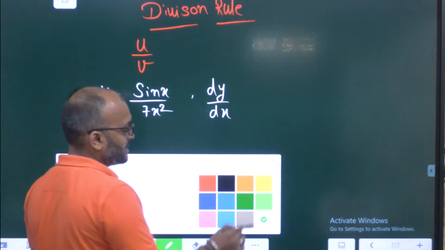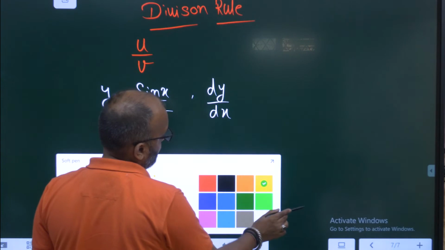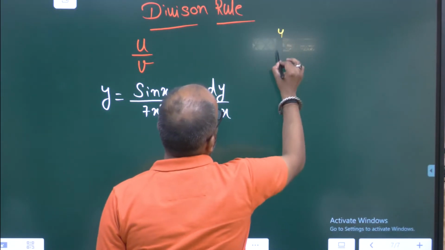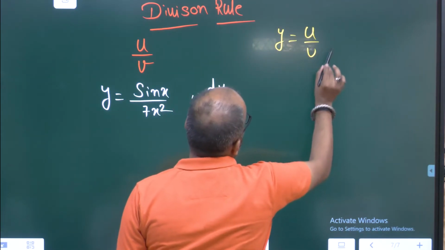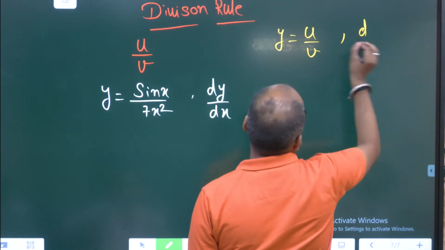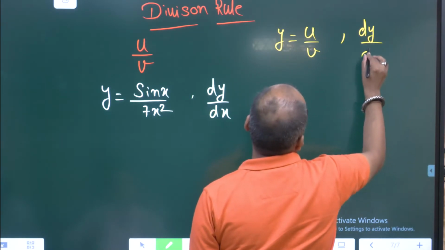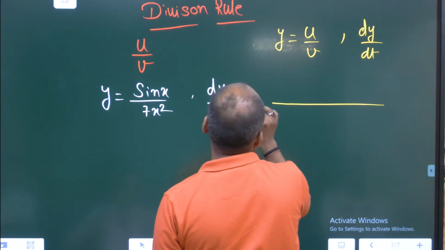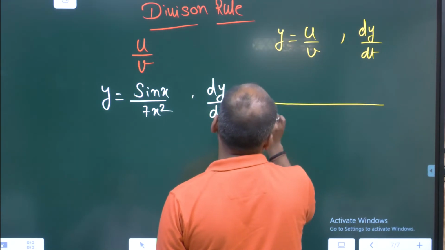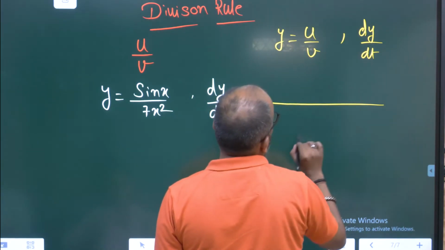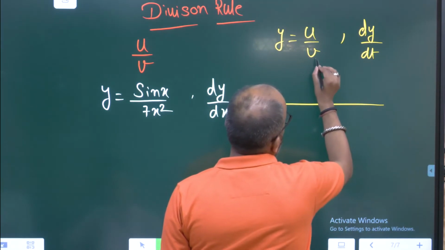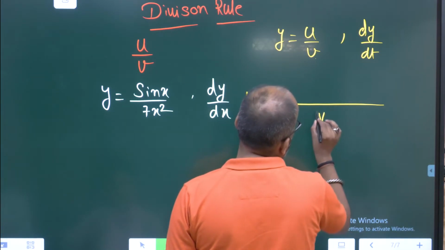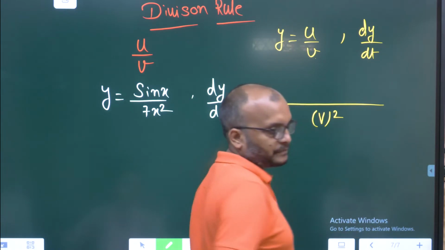See, the formula is, please pay attention everyone. First understand the formula. If y is equal to u upon v, and y is a function of t, you need to find dy upon dt. So dy upon dt will be: v is written in the denominator, so in the denominator take the square of v.